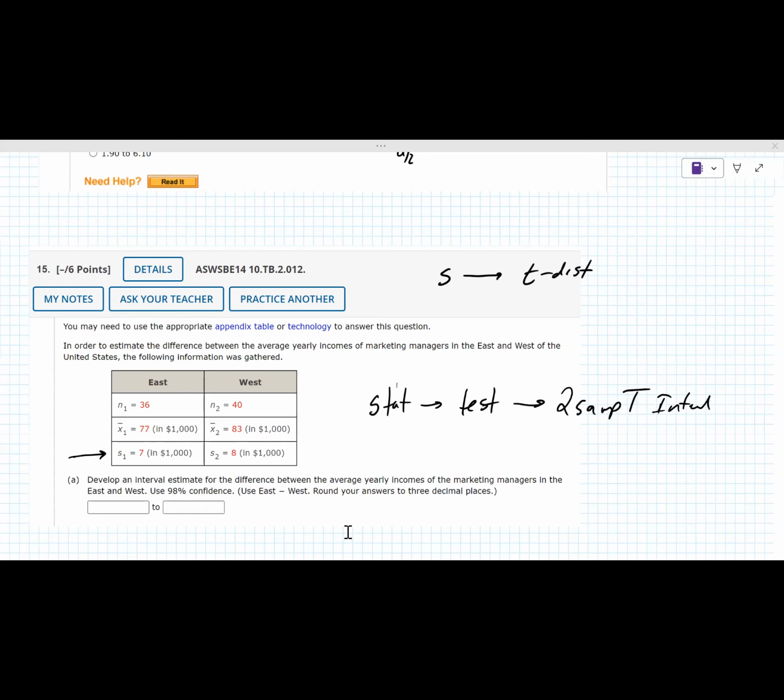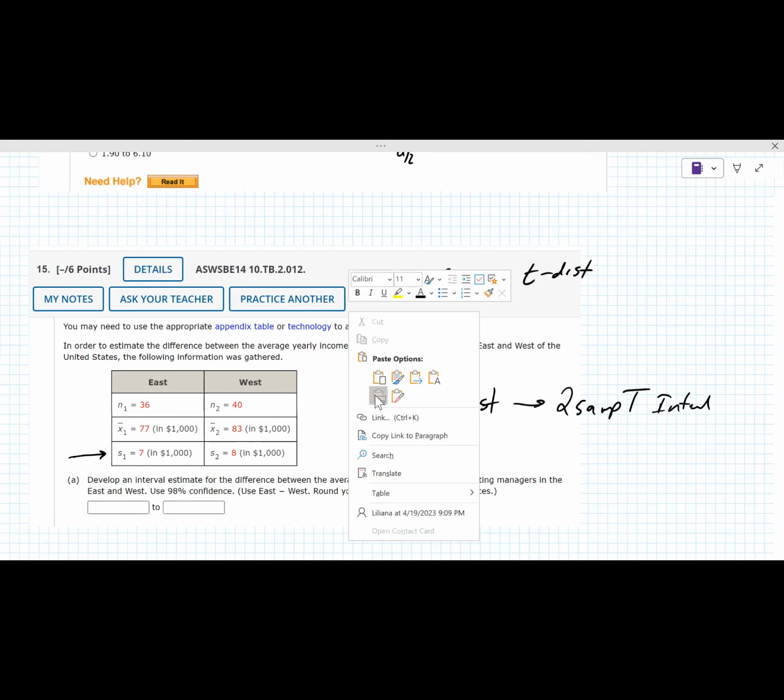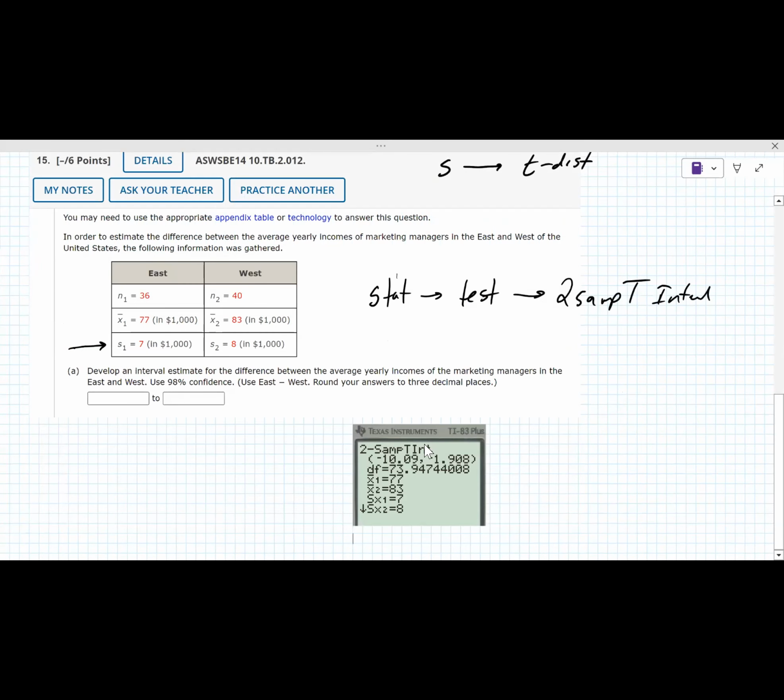Now, this is potentially one of the issues with the calculator here. I got that they don't give you all 3 decimal places. So I'm not sure what to suggest here. You could try it. I think it's not going to like it.